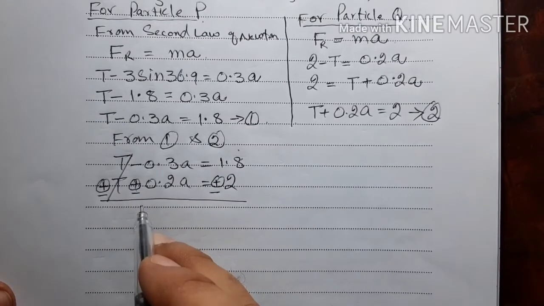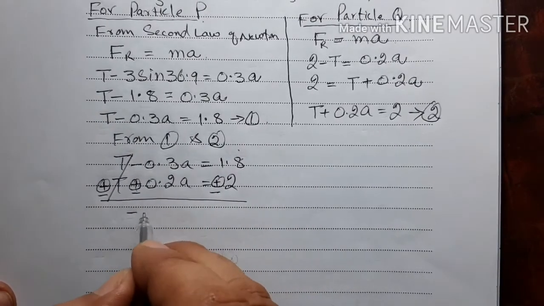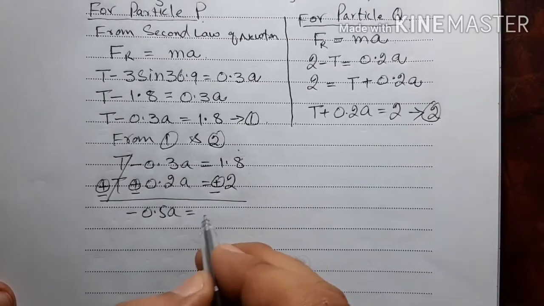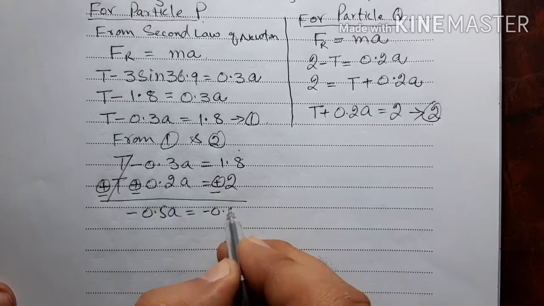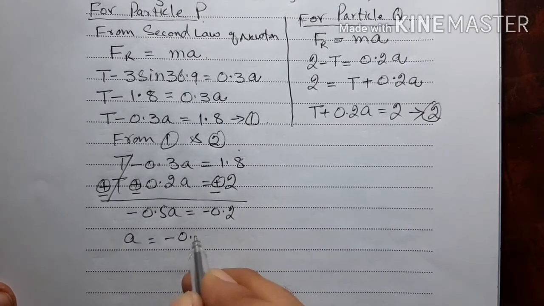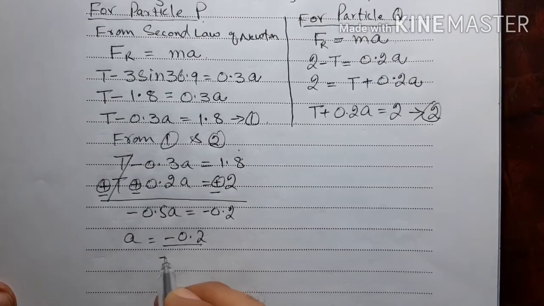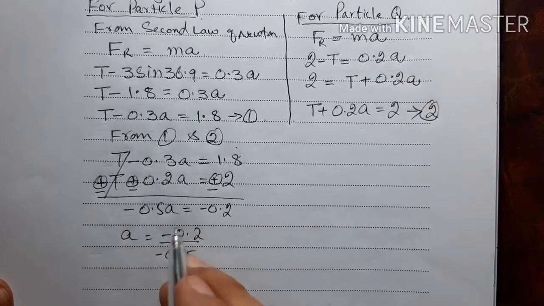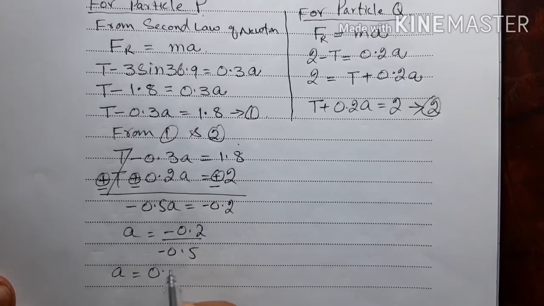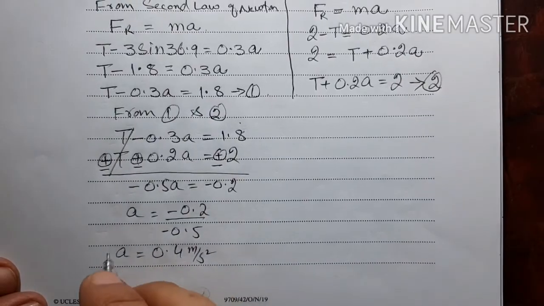It will become minus 0.5a is equal to minus 0.2. So a will be minus 0.2 over minus 0.5, which will be a is equal to 0.4 meters per second square. This is the value of a.